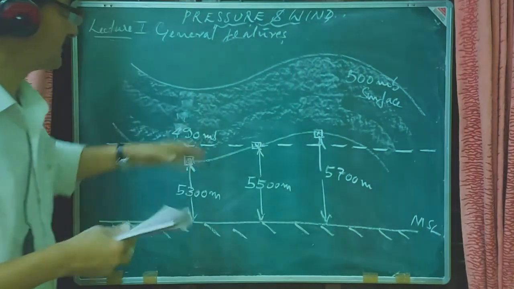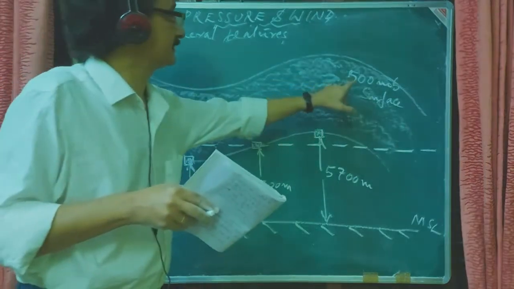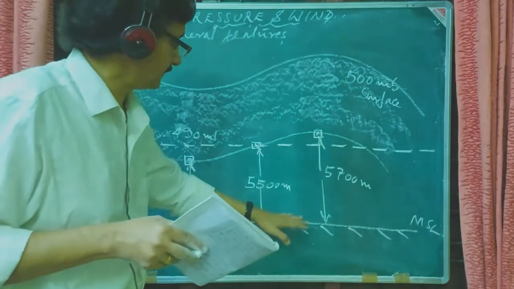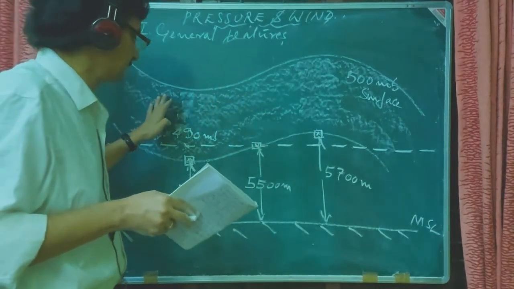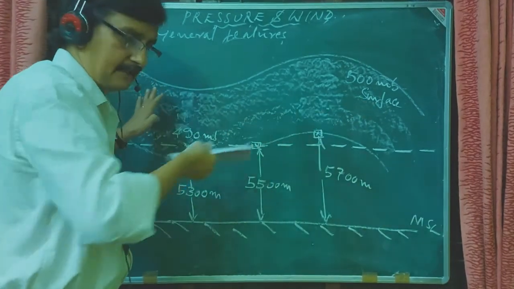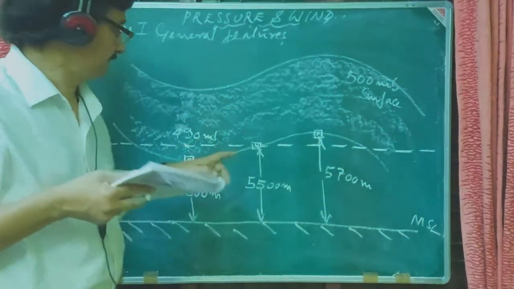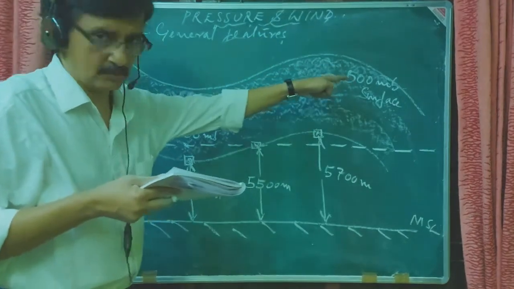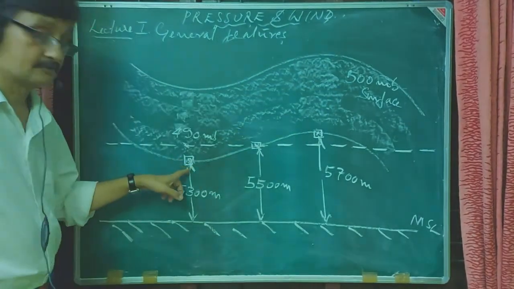Then what you have to study from this structure is the relation connecting the isobaric surface and the height. The isobaric surface varies, it need not be at the same level, and it can meander. For such a meandering isobaric level, the height also varies.